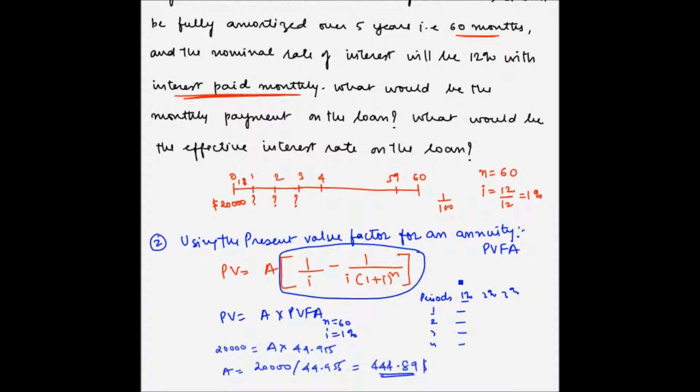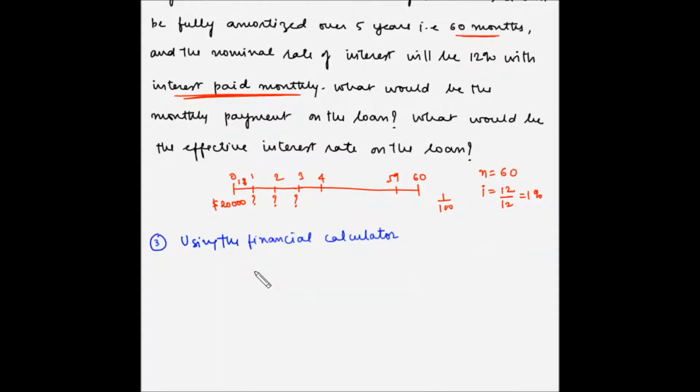Now let us look at another method, which is to use the financial calculator. Now in order to use the financial calculator, basically there are 5 key buttons that we have to take care of. First is N, which is the number of periods, which in this case is 5 years or 60 months. Then next is I, which is 12% per year.